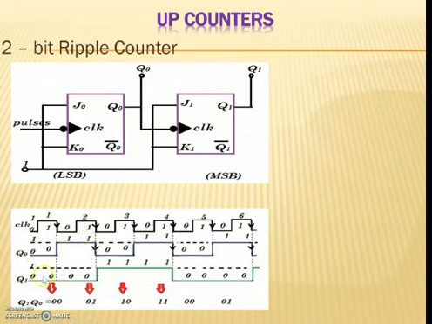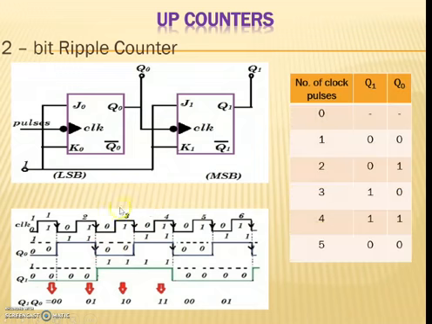But the second flip-flop, the output Q1, responds to the negative edge of Q0 and not the negative edge of the external pulse. Thus it counts from 0 0, 0 1, 1 0 and 1 1, and again it goes back to 0 0.